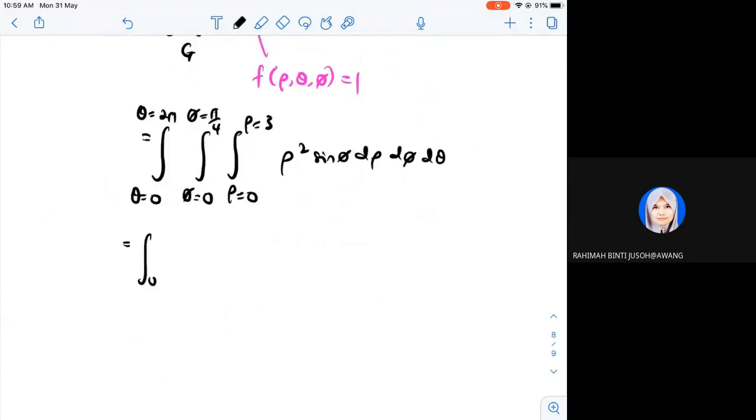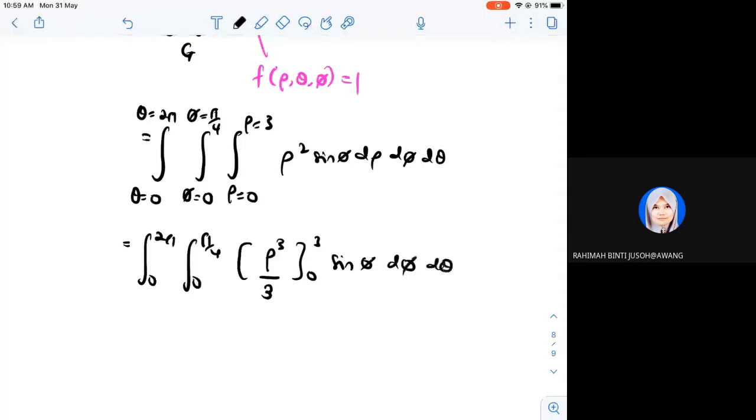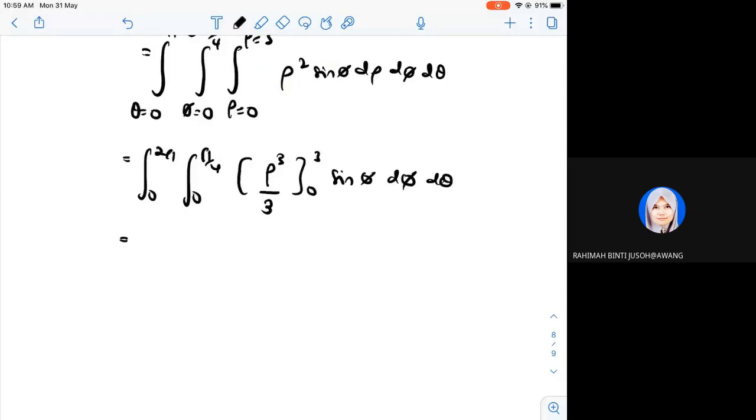Okay, so we have 0 until 2 pi, 0 until pi over 4, and then we integrate rho squared. So rho squared becomes rho cubed over 3. Substitute 0 until 3. Sine phi d phi d theta. So 3 cubed is 27, divided by 3 we get 9. So 9 can be taken out because it's just a constant.